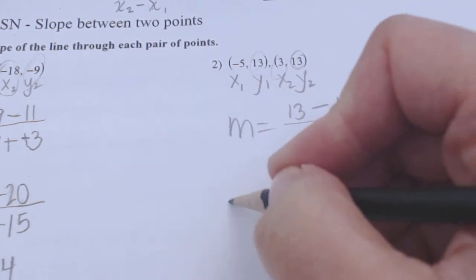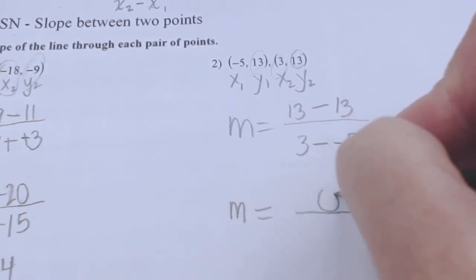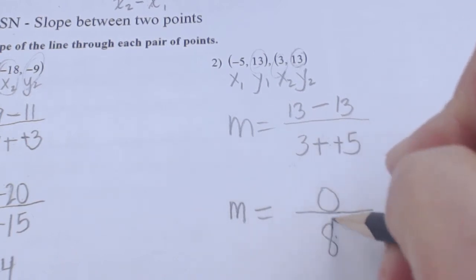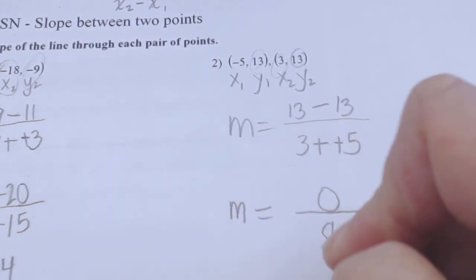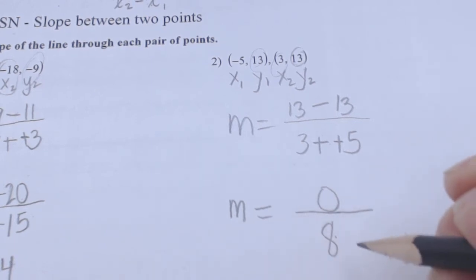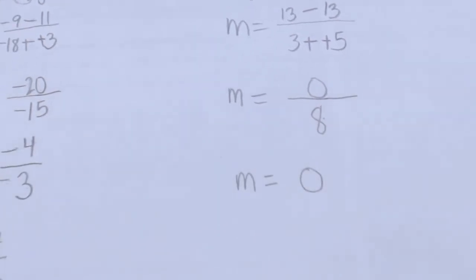Again, here we have that situation. M equals 13 minus 13 is 0. 3 minus a negative 5, adding the opposite, is 8. When we divide that out, we're actually going to get 0. 0 divided by 8 is absolutely fine. 8 times 0 is 0. So our answer comes out to be 0. No need to reduce. That's just it.